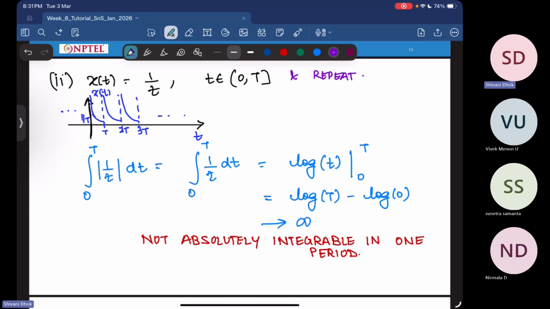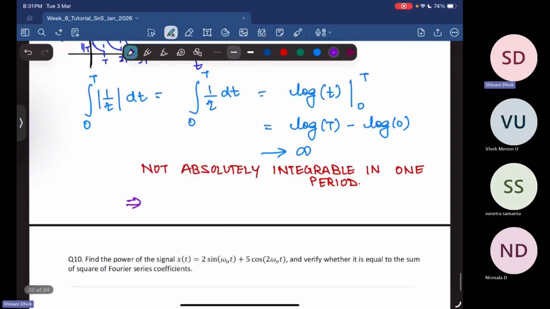So therefore, x of t does not follow the first Dirichlet condition.